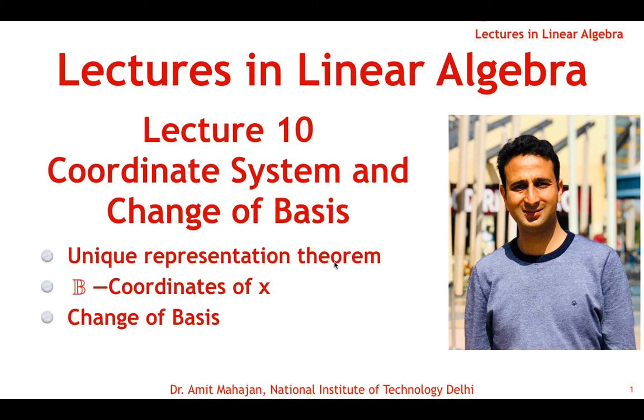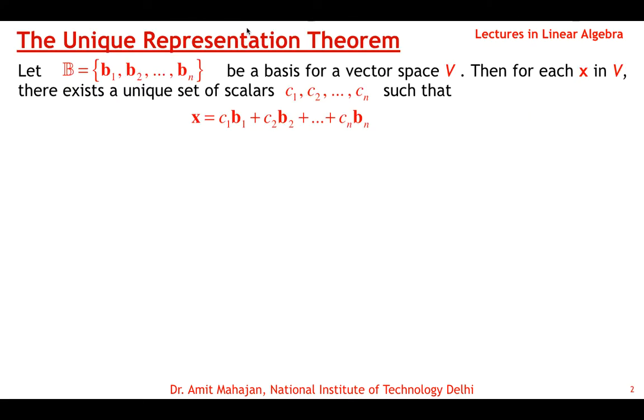So first, the unique representation theorem. Let you have a basis b for a vector space V. Then for each vector x in V there exists a unique set of scalars c1, c2, and so on up to cn, such that x can be written as a linear combination of b1, b2, bn with these weights c1, c2 and cn.